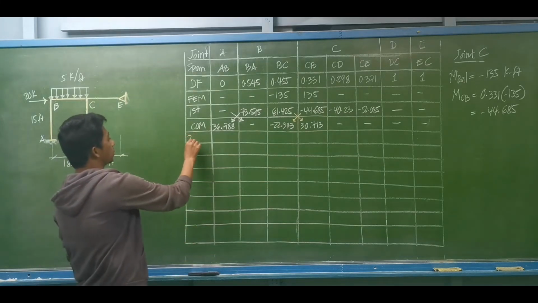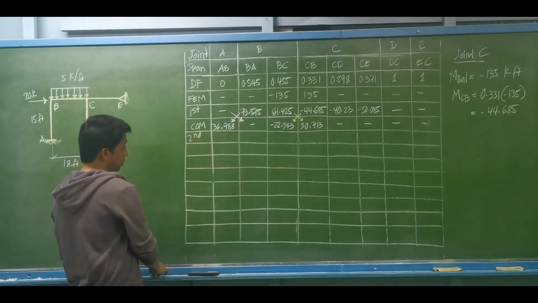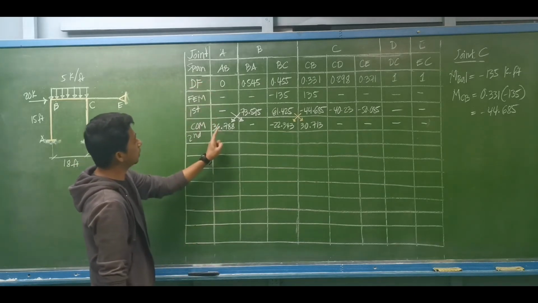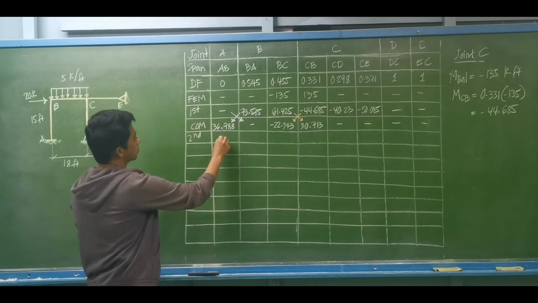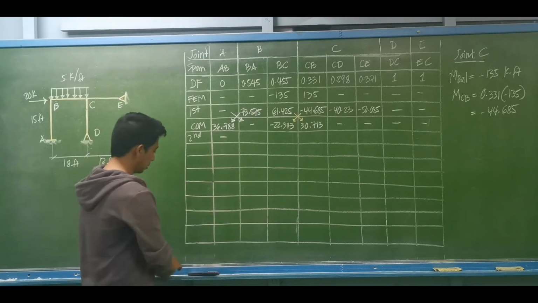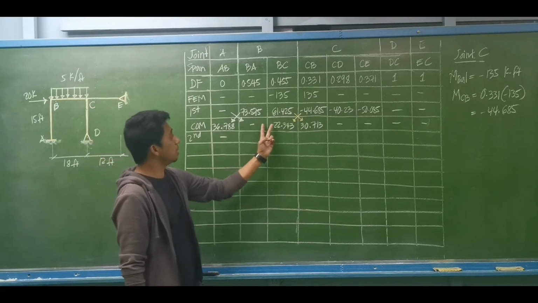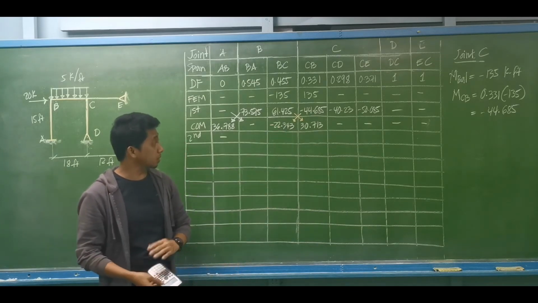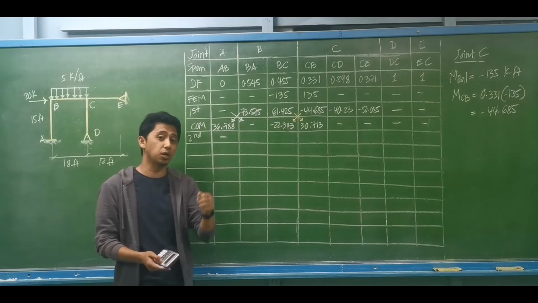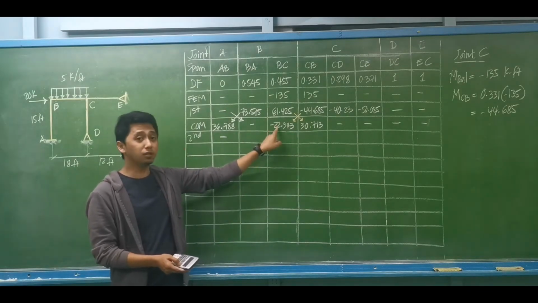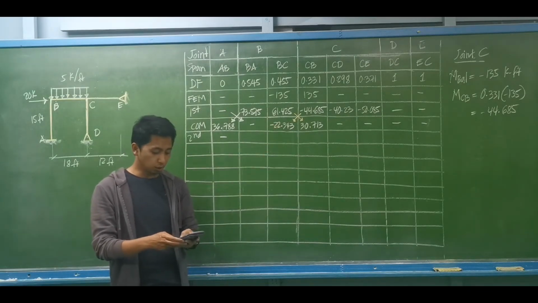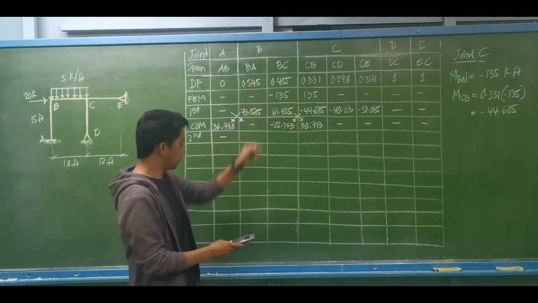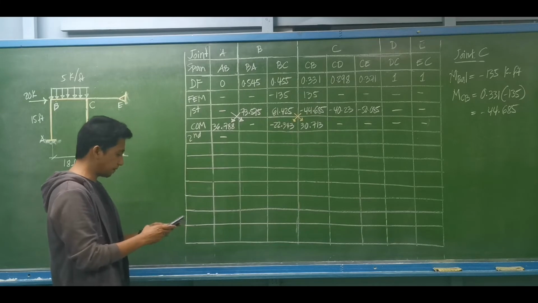So let us now proceed to the second distribution. So second distribution, your distribution factor multiplied by your moment. So that is the same as supposedly 0. At joint B, we have the remaining moment of negative 22.343 kip-feet. How to balance that? Use the opposite sign. 22.343 multiplied by the distribution factor 0.545.